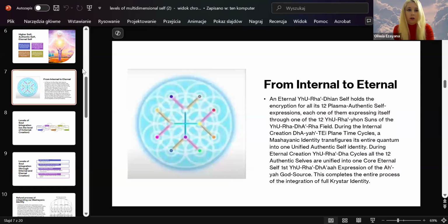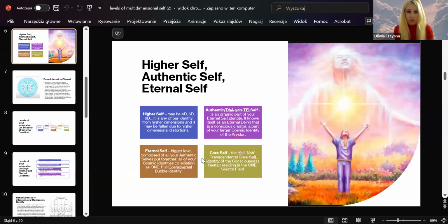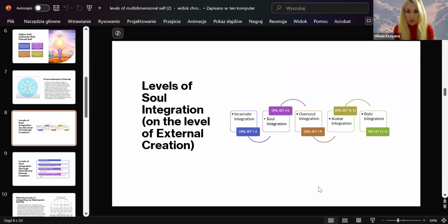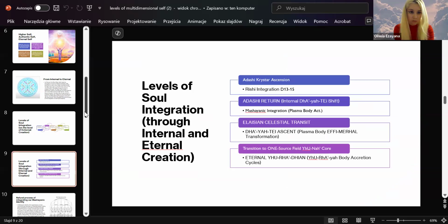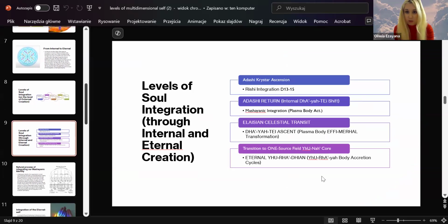And then we have the last level, which is the core self. It is the transcendental core self-identity of the consciousness gestalt residing in the one source field. As I said before, it is your core self-identity before you actually incarnated into this plane of existence, into the cosmoversal creation bubble.